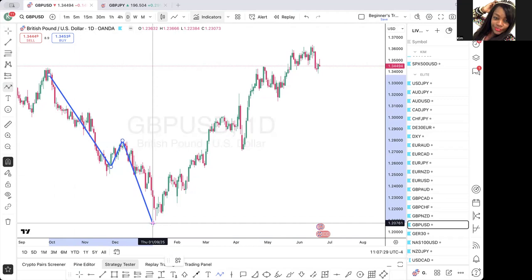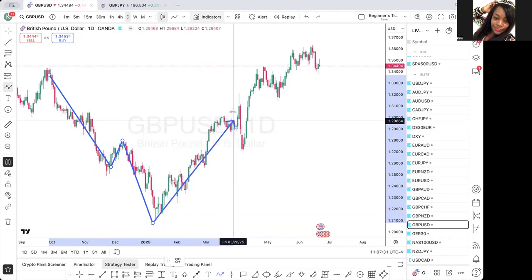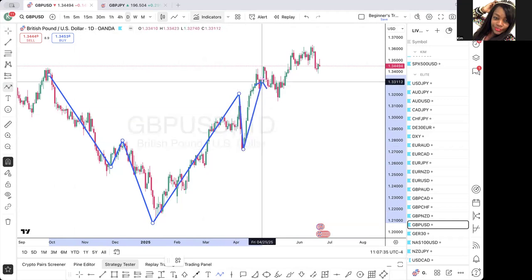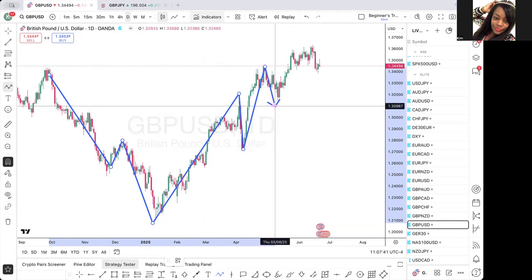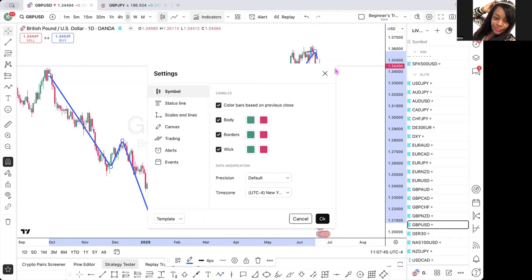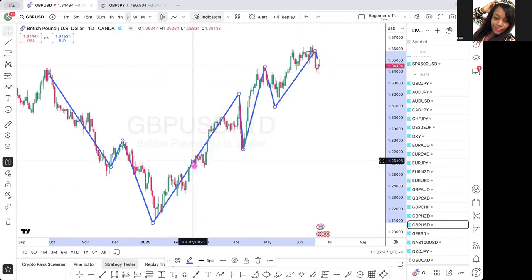Now, I'm going to do this move, this move, this move, this move. Okay, so he did all of this. So his moves were perfect.